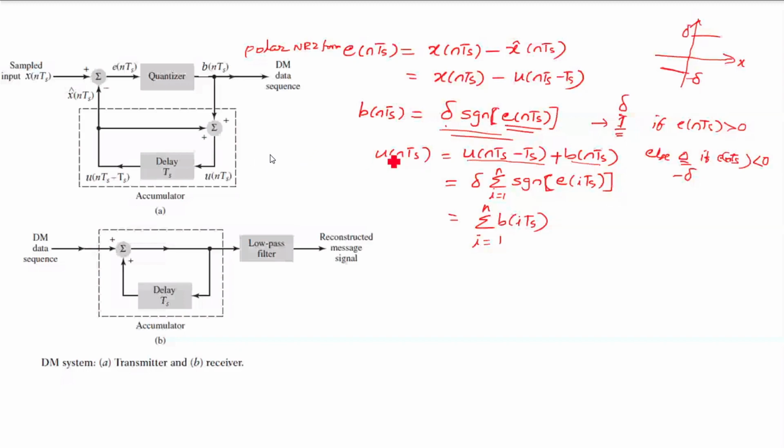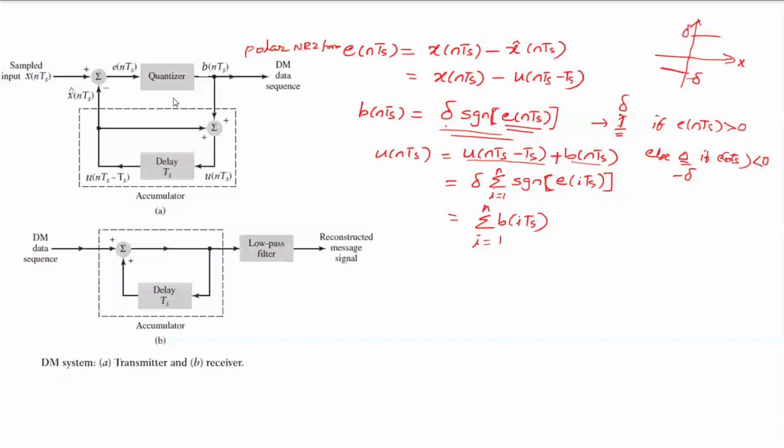So the resulting u of n into ts is summation i equal to 1 to n of b i of ts. What it indicates is that it is summing up past bits, or past deltas. u of n into ts is the sum of past as well as present deltas, i equal to 1 to n, depending on the error.